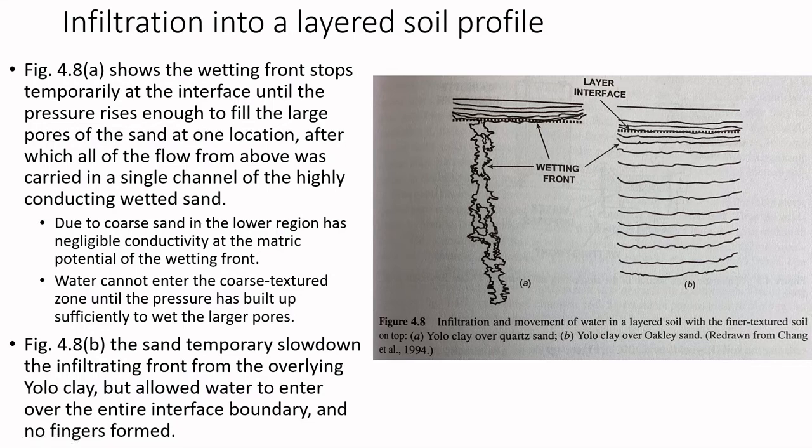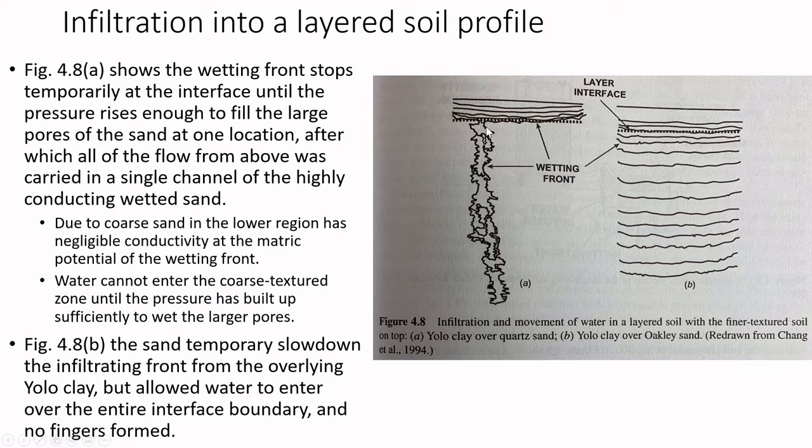Right. So figure 4.8 shows the wetting front stops temporarily at the interface. So water is added at the top, but then it stops temporarily at the interface until pressure rises enough to fill the large pore of the sand at one location. So the water will keep on rising, saturating up to a point that it can enter the large pore of the sand at one location.